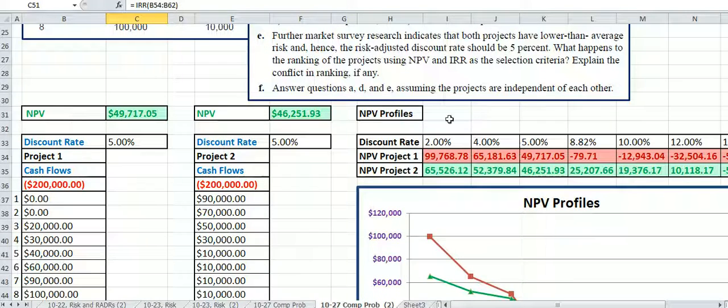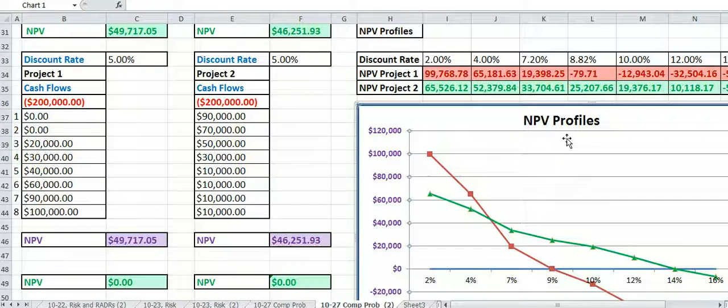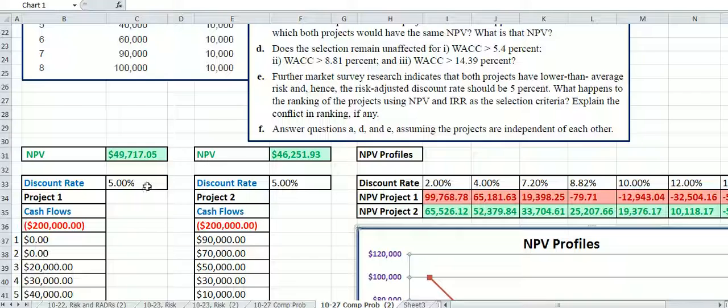So now we want to go back and answer questions A, D, and E, assuming that the projects are independent. So if we put in our 7.2 right here, and then we can also put it in over here too.